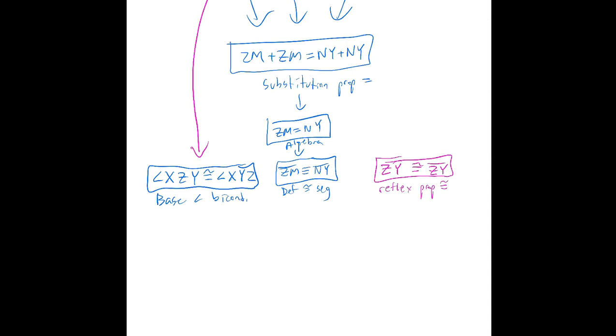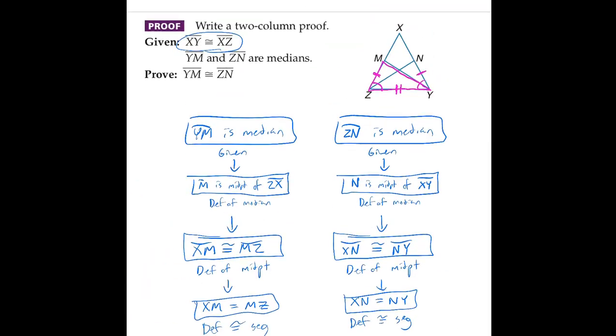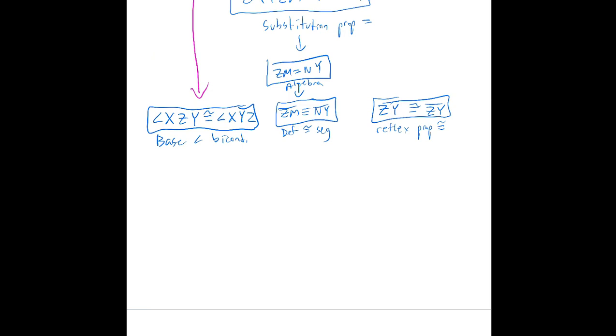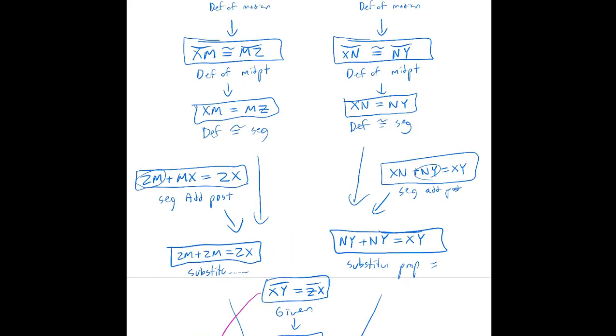All right, so now the question is, where are we trying to go with this? We got so dug in there. We're going to try and prove these triangles are congruent because we want to show YM and NZ are the same. So it's just going to be CPCTC. So we're going to take these two together and say that means the two triangles are congruent. Let's check the order.